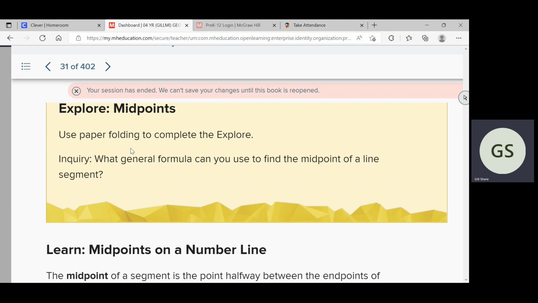If I took the endpoint, so let's say the left endpoint is the starting endpoint, and the right endpoint is the ending endpoint. If I take the right endpoint and I subtract the left endpoint, what does that do? Because kids do get confused about these two things.